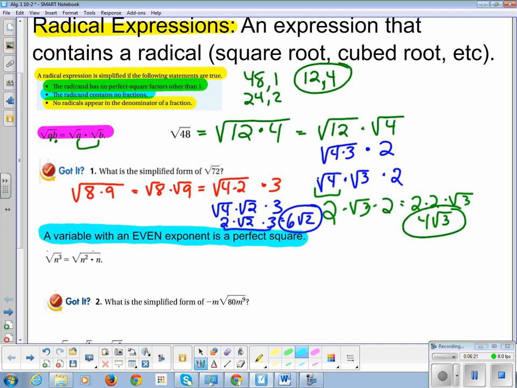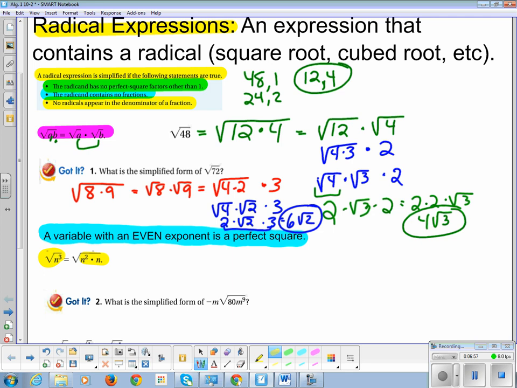And a variable with an odd exponent can be written as a variable with an even exponent times a single variable. For instance, the square root of n to the third power, I can write as the square root of n squared times n. So you can take pieces away so that you can simplify individual pieces.